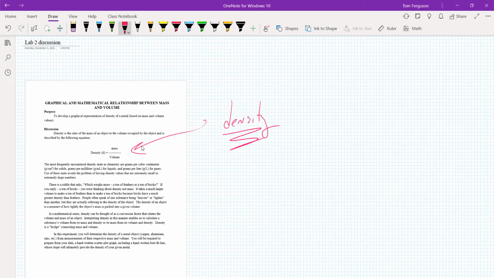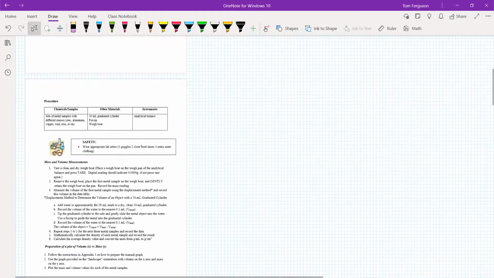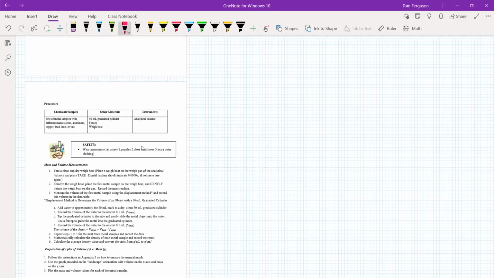And you're going to be doing two things here. You're going to be calculating various densities, and you're also going to be looking at the typical way it's done, using volume by displacement, and also using an analytical balance.